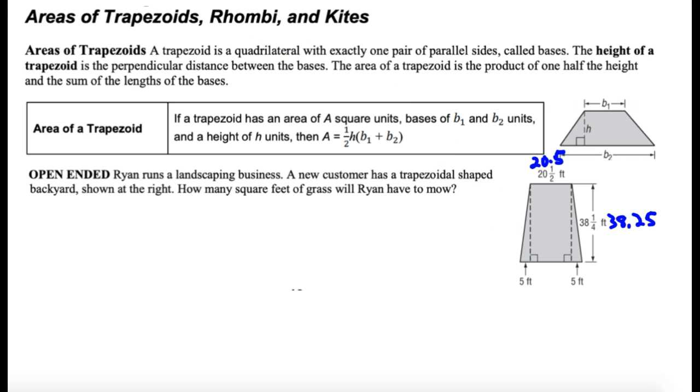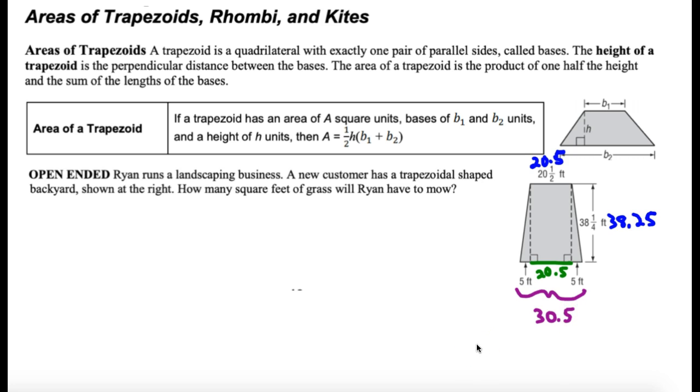Now down here, we've got a little bit of figuring to do. This distance right here is going to be the same as here, 20.5. So what that means is this whole base down here, this whole distance, is going to be 5 plus 20.5 plus 5. So that whole base there is going to be 30.5.